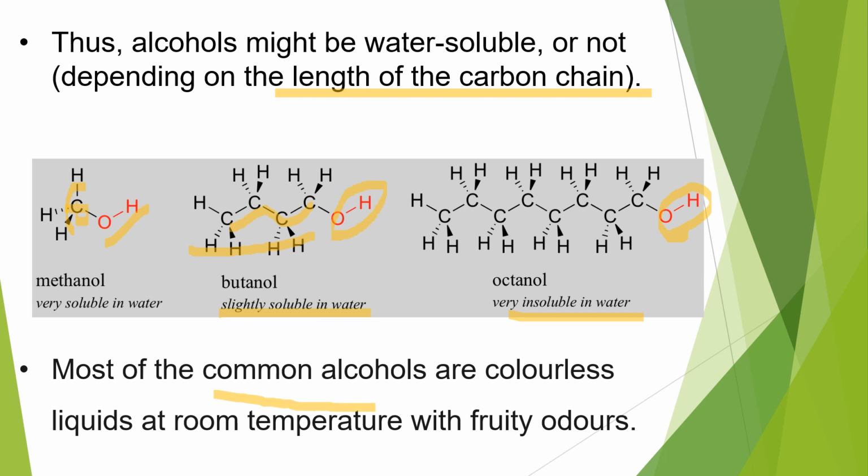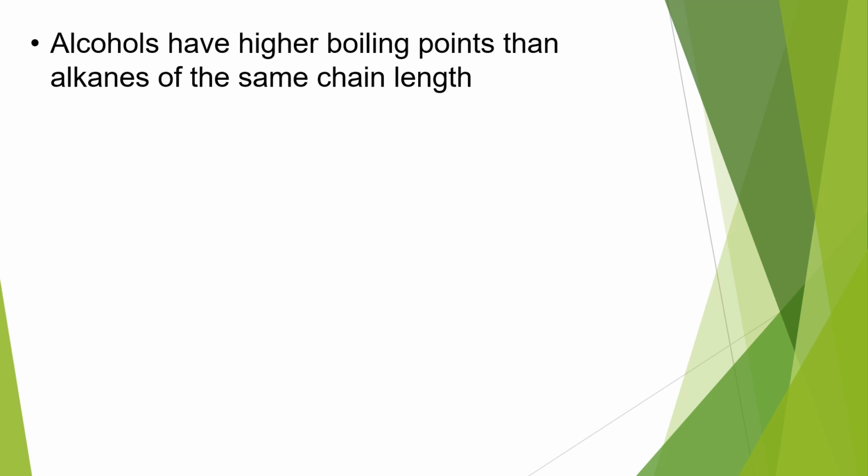Then most of these common alcohols are colorless liquids and have fruity odors. Then coming to boiling point, alcohols have a higher boiling point than alkanes containing the same chain length.